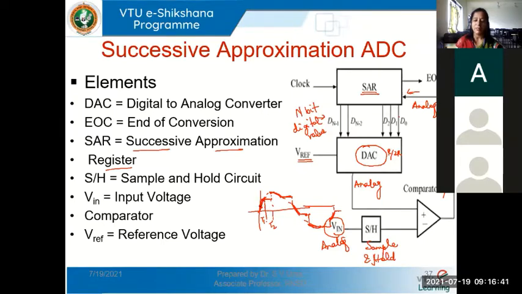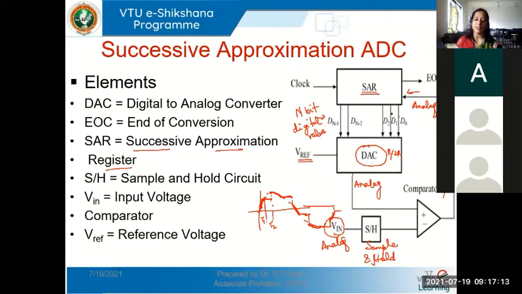It's very simple. What happens if the analog value goes on changing? If the analog value is continuously changing and it is not held at the reached voltage at some level, every time I try to convert, I would have converted for some analog value, but by the time I come and compare or do something, the conversion process here involves comparison.